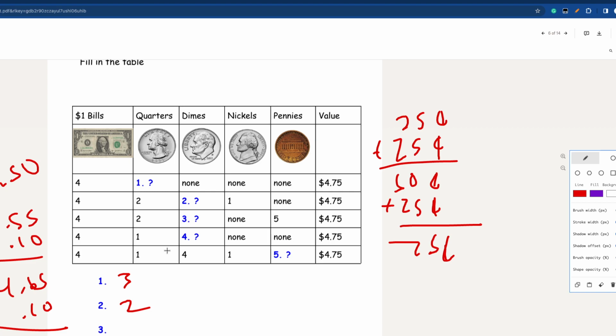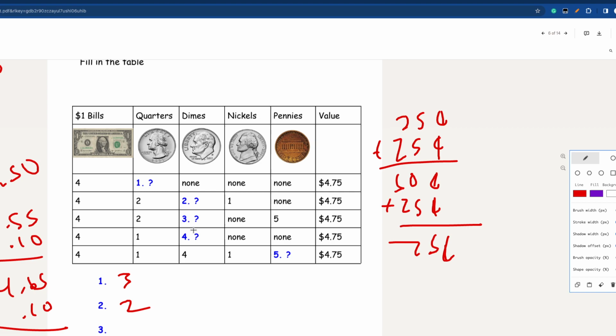Let's do one more. We're also looking for dimes again, but this time there are no nickels. So $4 plus 2 quarters equals $4.50.